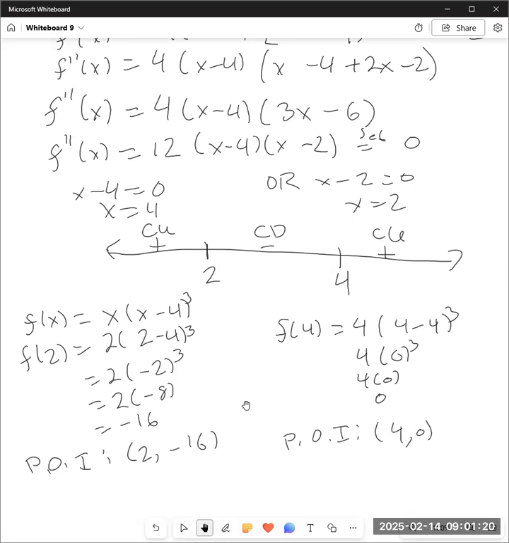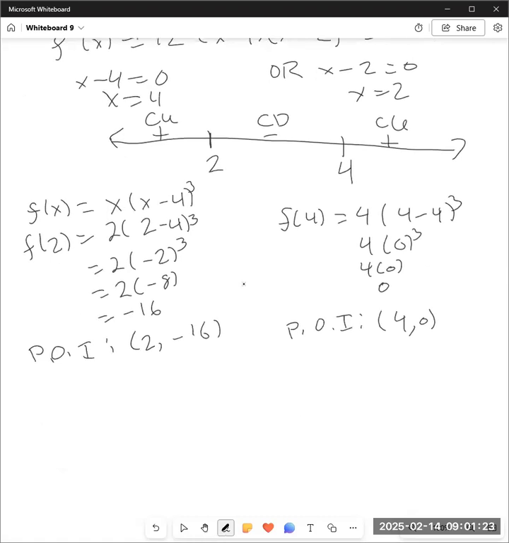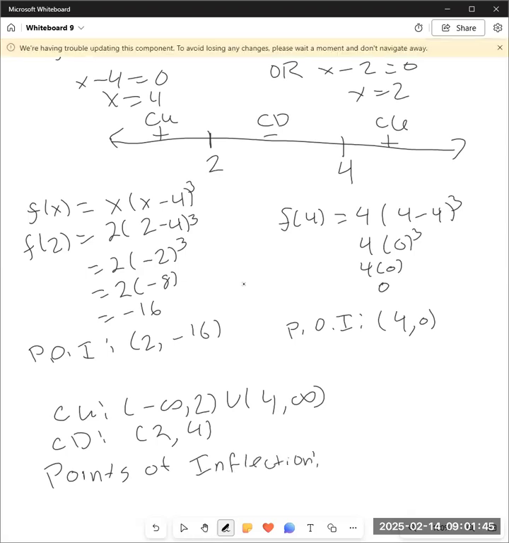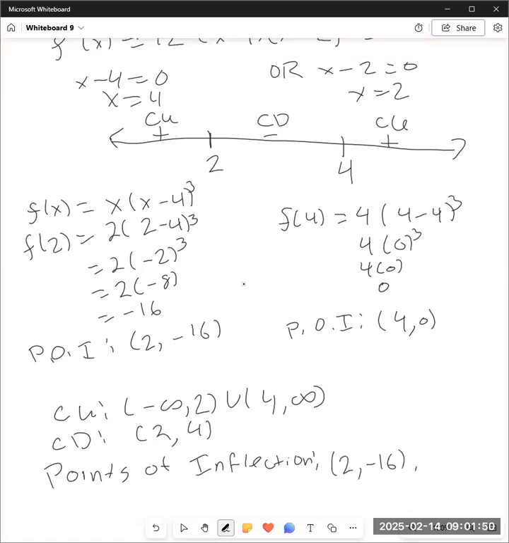So to summarize all this, we have concave up on the intervals from negative infinity to 2, union 4 to infinity, concave down from 2 to 4, and points of inflection at 2, negative 16, and 4, 0.